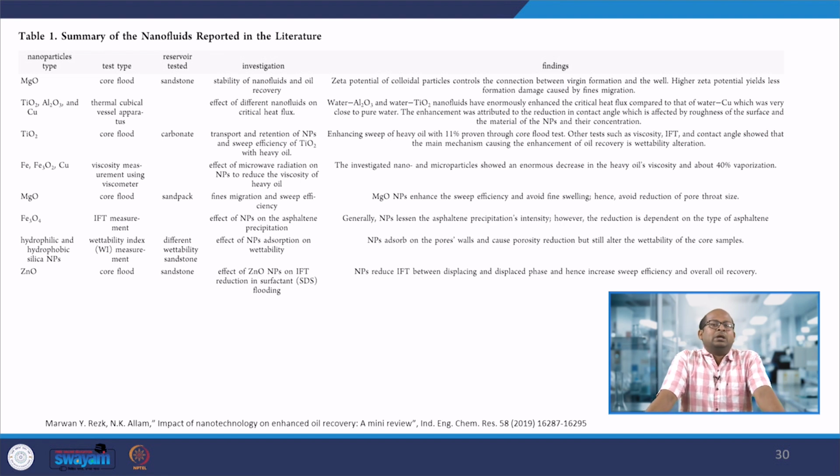We can decrease the interfacial tension by changing the contact angles between the oil and rocks attached in the reservoirs, and in that way we can recover the trapped oil and increase oil recovery performance. So thank you. Today is up to this.